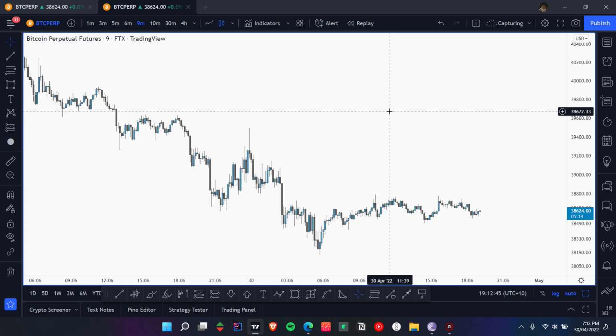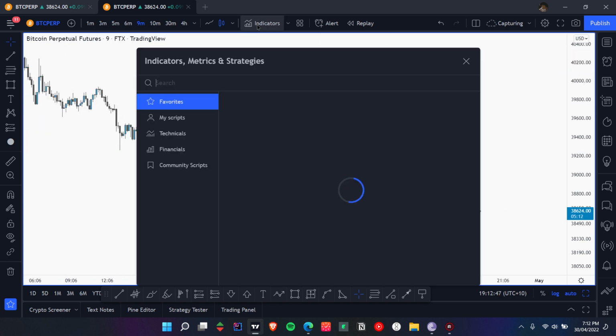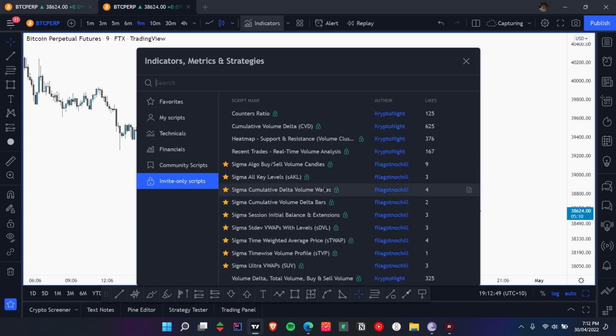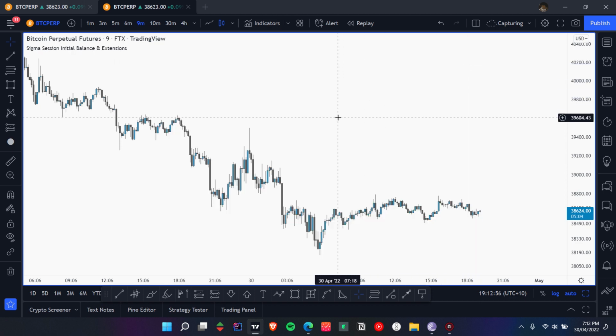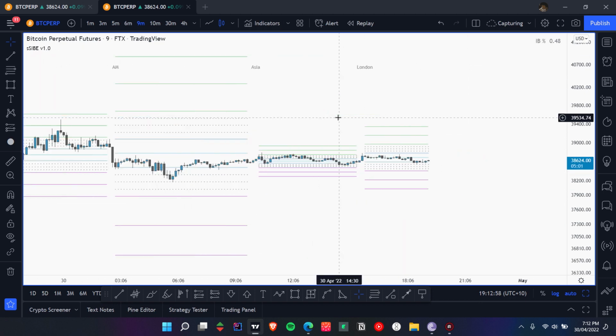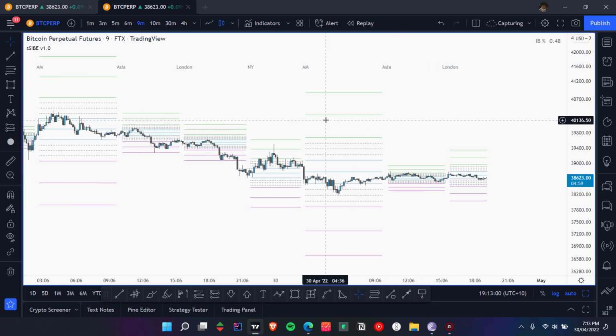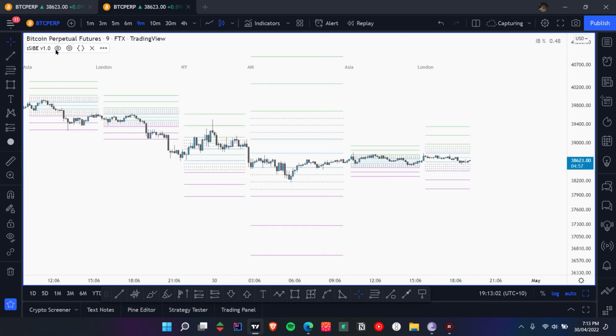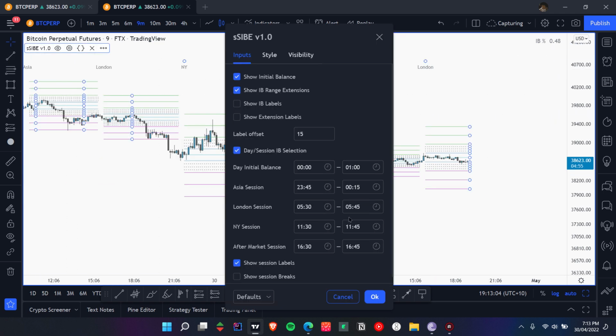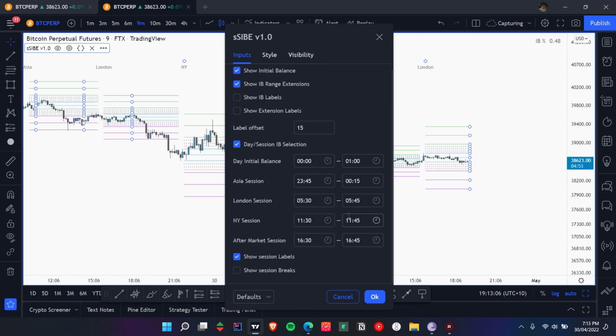Okay. The first thing that you need is, if you go to your invite only scripts, you need to find Sigma session initial balance and extensions. What you need to do with this is modify the timing to get the session start and ending zones.